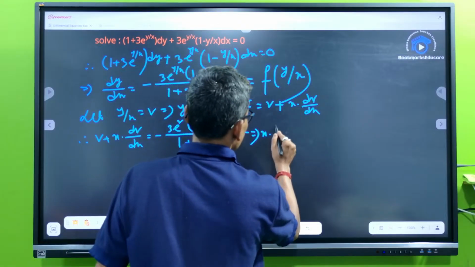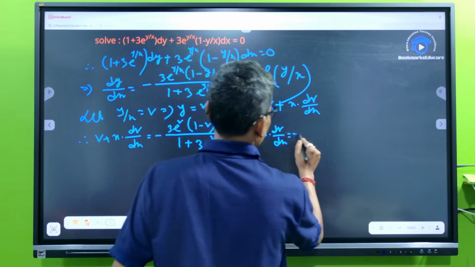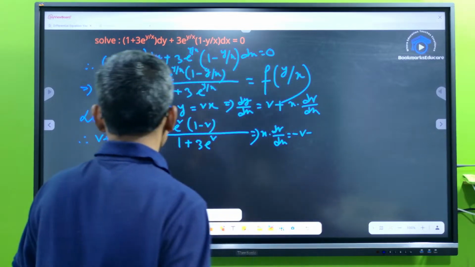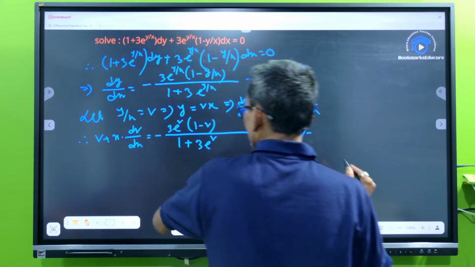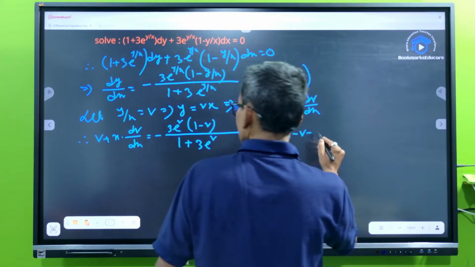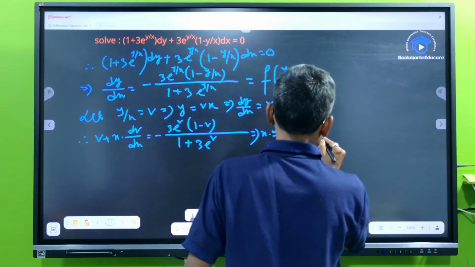So x into dv by dx is equal to minus v minus e to the power v into (1 minus v) by (1 plus e to the power v), because v is taken on the right hand side, then it will change its sign.